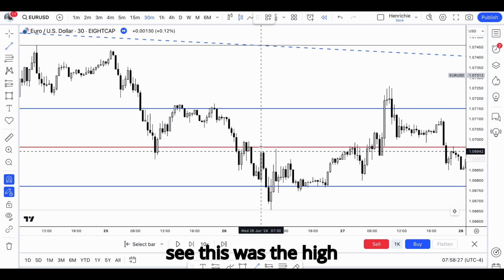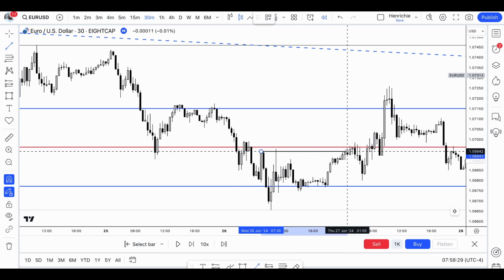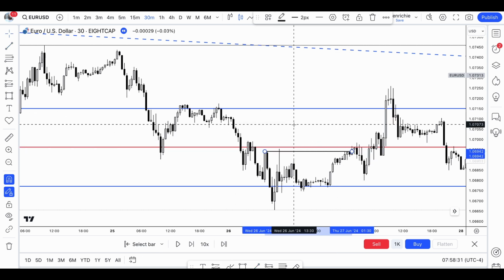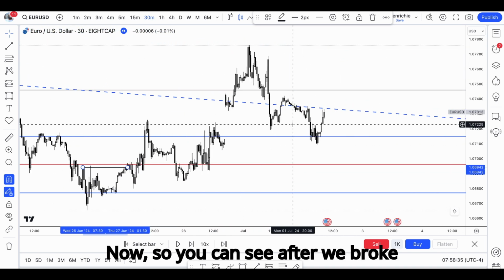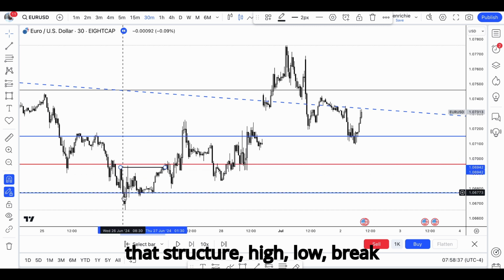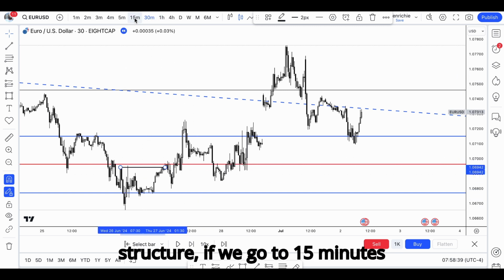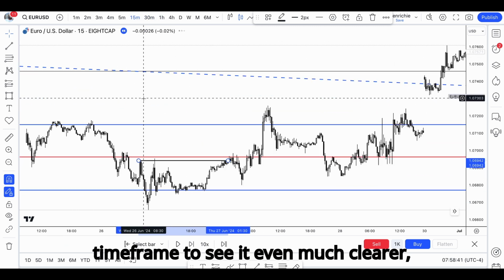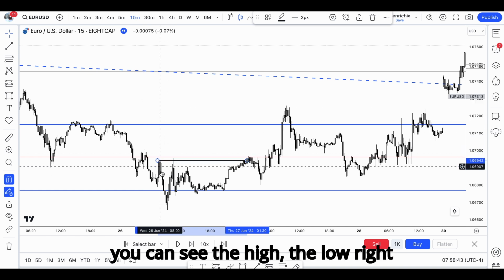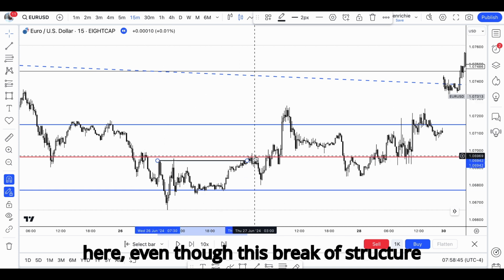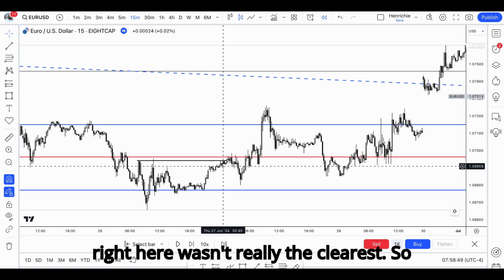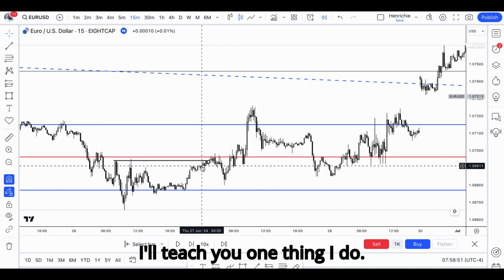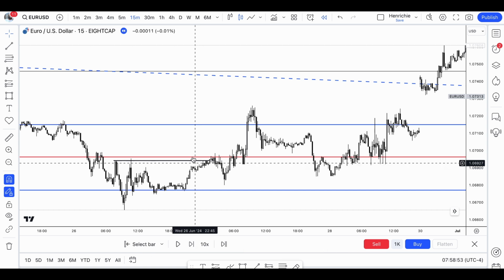As you can see, this was the high. Now, you can see after we broke that structure: high, low, break structure. If we go to the 15 minutes time frame to see it even much clearer, you can see the high, the low right here. Even though this break of structure right here wasn't really the clearest. So I'll teach you one thing I do.